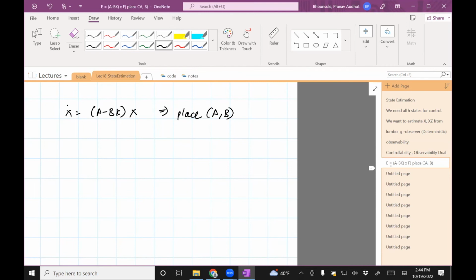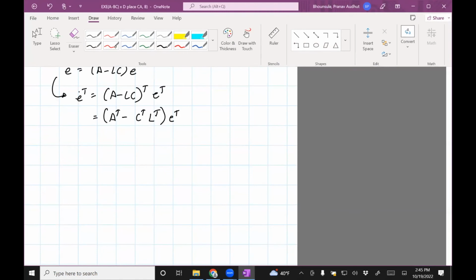So we can do something similar here. We look at e dot equals (A minus LC)e, and then take the transpose of both sides. We have e dot transpose equals e transpose (A minus LC) transpose. This comes out to be A transpose minus C transpose L transpose. Again, I'm using the fact that (LC) transpose is C transpose L transpose.